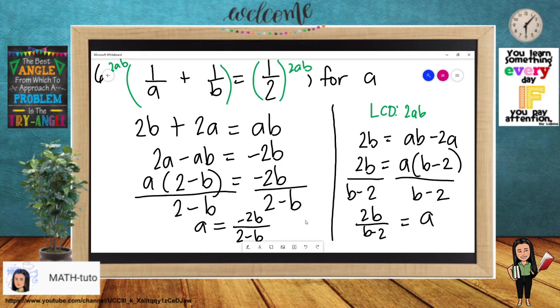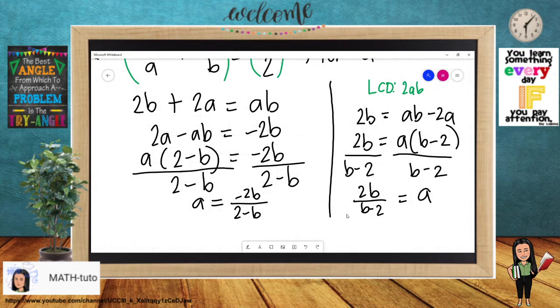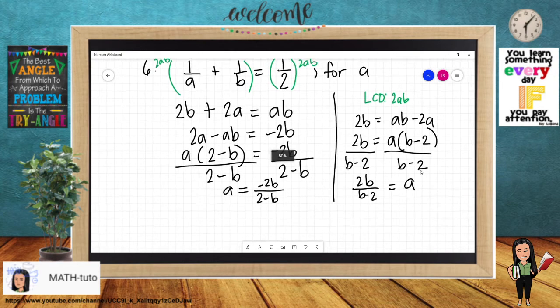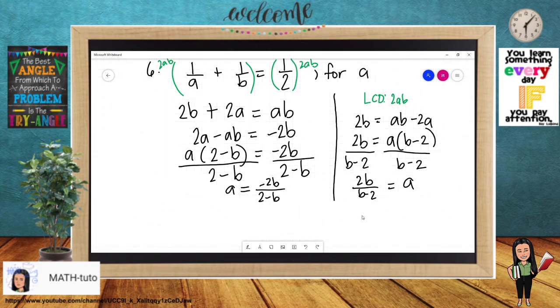Or by applying the symmetric property, I'll write it smaller so that we can see the whole solution. A is equal to 2B all over B minus 2. This value is also equal to this value. There are cases wherein, when we solve, sometimes we don't like a negative in the numerator or the denominator.